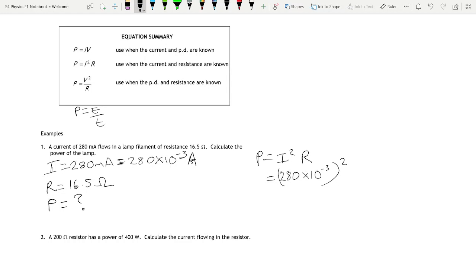Usually if anyone makes a mistake, they forget to square something. Times the resistance, which is 16.5. You just put that into your calculator and you should end up with 1.29 watts.